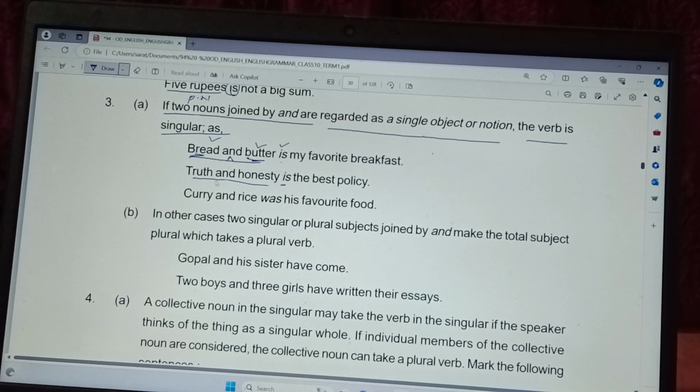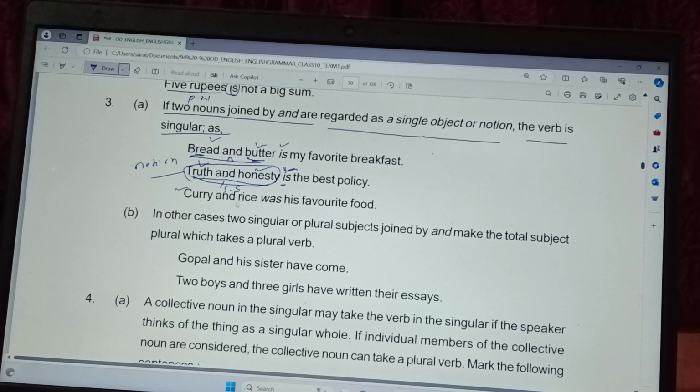Truth is a noun and honesty is also a noun, but the two nouns are connected by and, so truth and honesty is considered as a single notion. This is a singular subject. So we put a singular verb, guys.